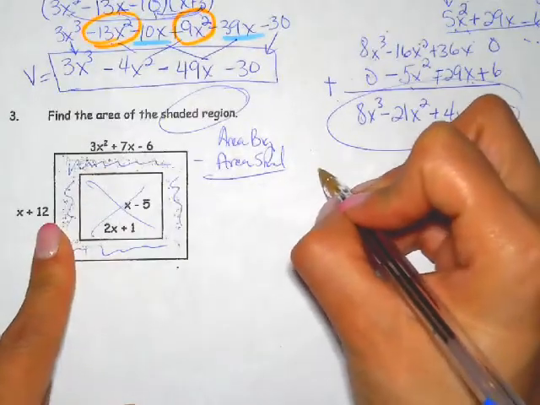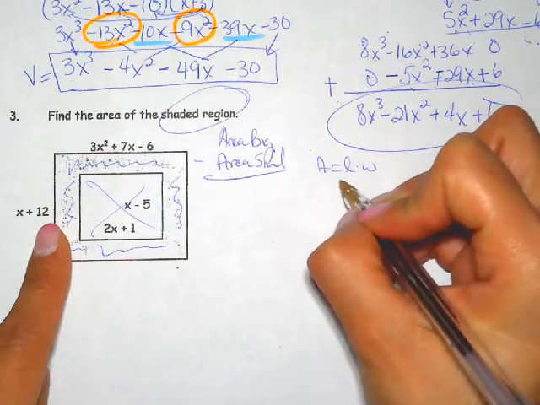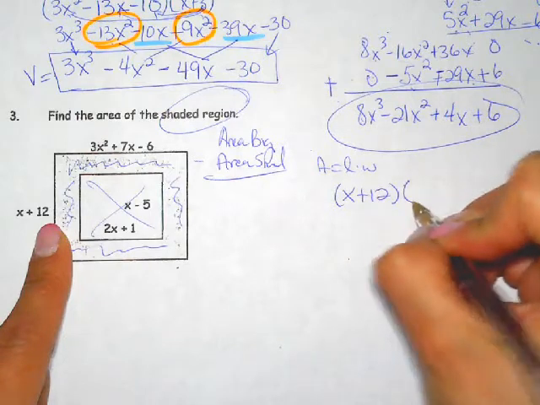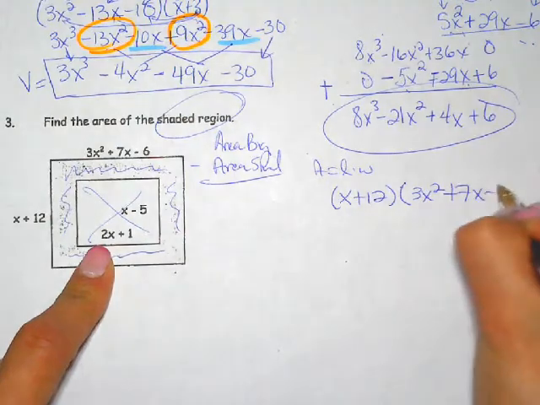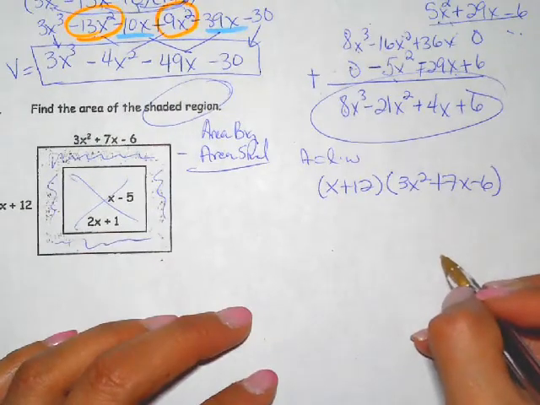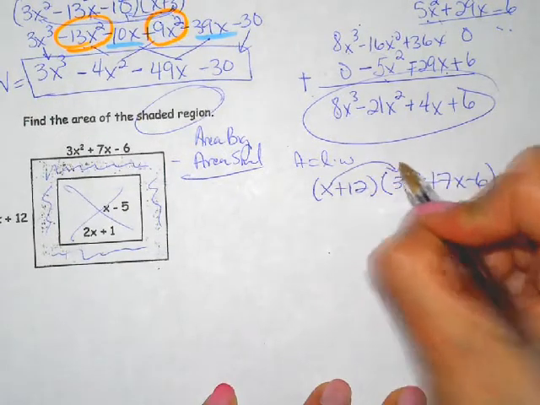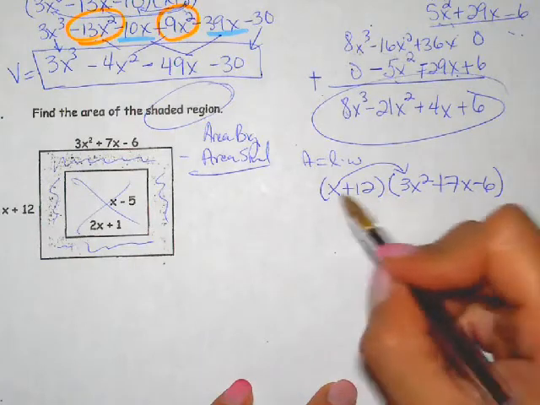Area is length times width, right? Area, length times width. We should memorize that by now. x plus 12 times 3x squared plus 7x minus 6. Let's distribute or FOIL this. Maya, x times 3x squared.